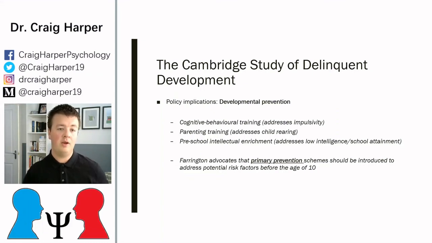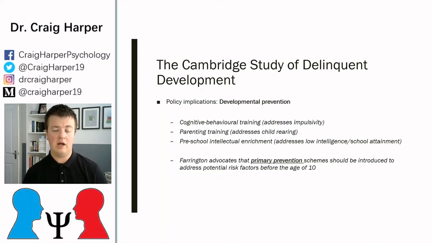So, for example, having cognitive behavioural training or mindfulness in school settings is trying to address the risk factor of impulsivity. Having parenting training, so Sure Start centres, for example, addresses maybe a lack of skill in terms of discipline or child rearing.